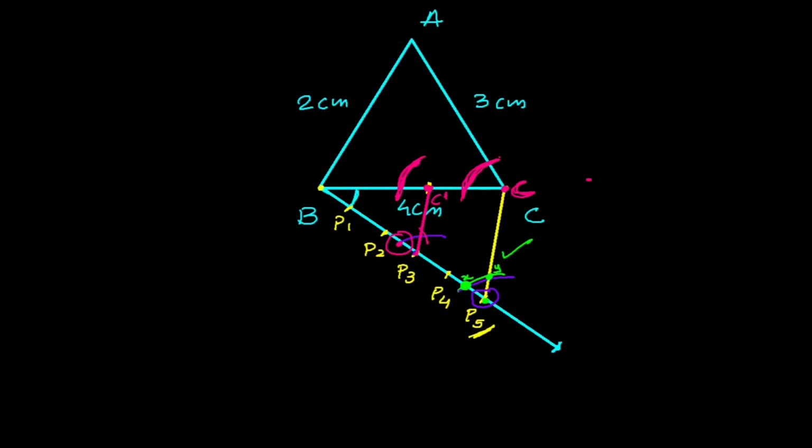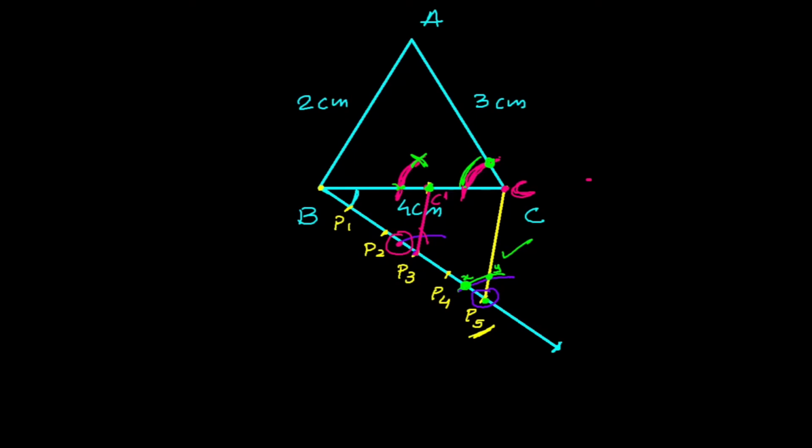Now measure this particular point, this point and this point. We have to measure this point's distance. Keep the pointer of your rounder on this particular point and draw a similar arc. Now C', the point of intersection which we just got, you have to connect it with AB.